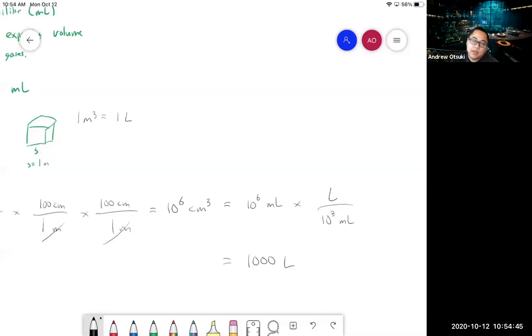And that makes sense, right? Because you have a meter in height of volume. Say you have a box or a container that's 1 meter in length, in height. That's going to be pretty high, and I don't think you can fit just 1 liter of water in there.